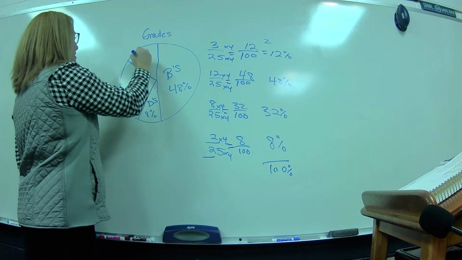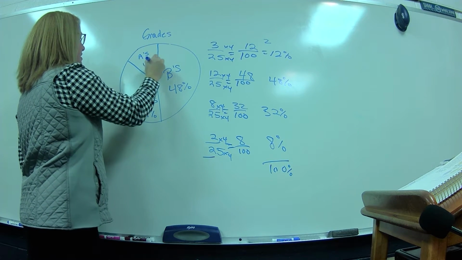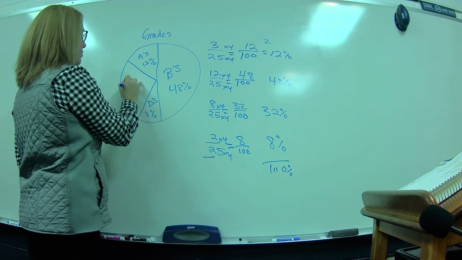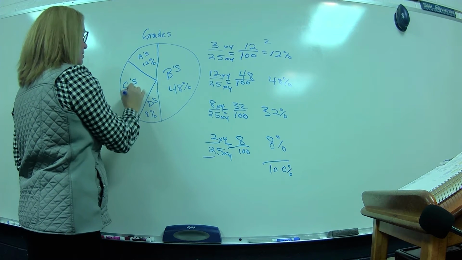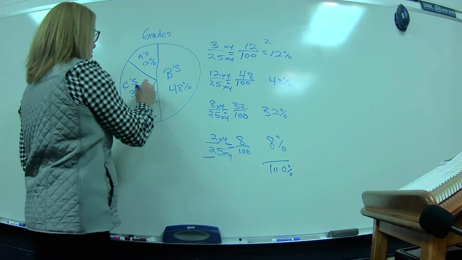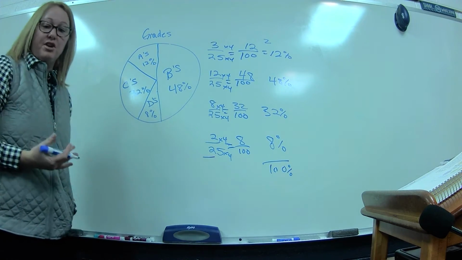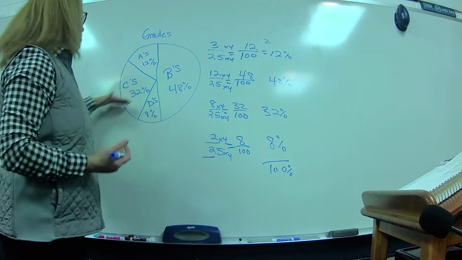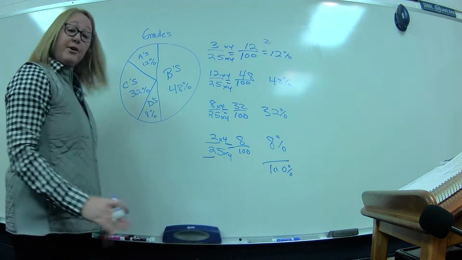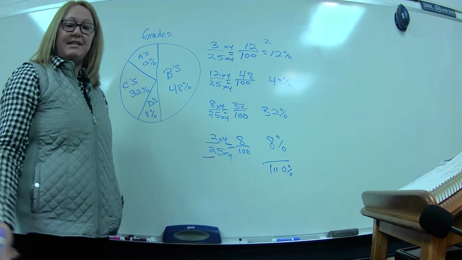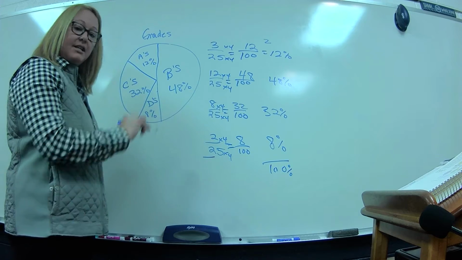Let's go A's, 12%. And let's go our C's, which was 32%. Again, this is just for demonstration. My angles are probably not to par, but we're going to get to learning that in another lesson, actually learning to put the exact angles.